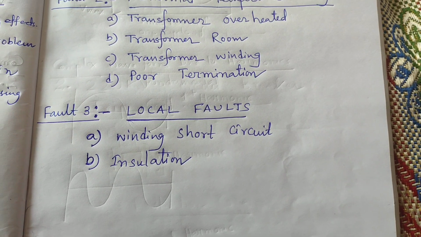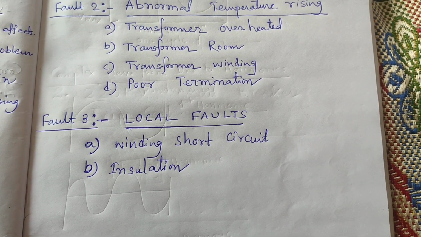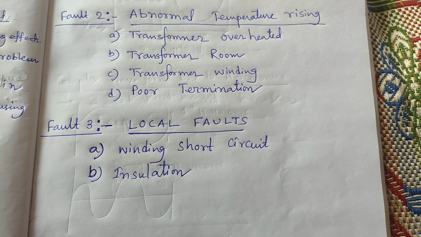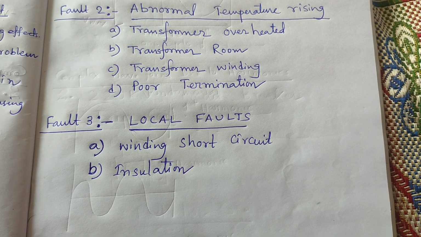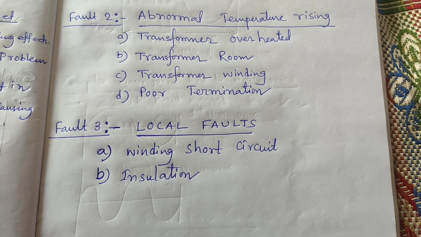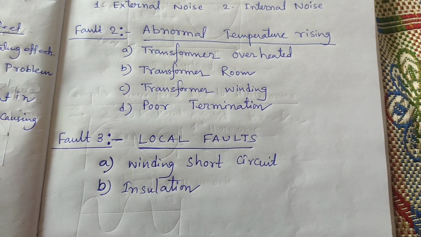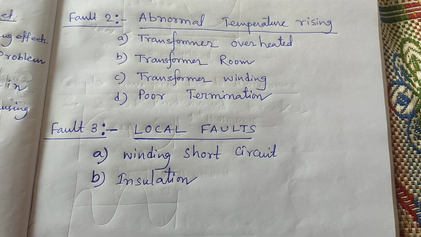So we should also check the cooling fans and pumps. If the transformer has air force or oil force cooling, then we should check whether the pump is in operation or not.